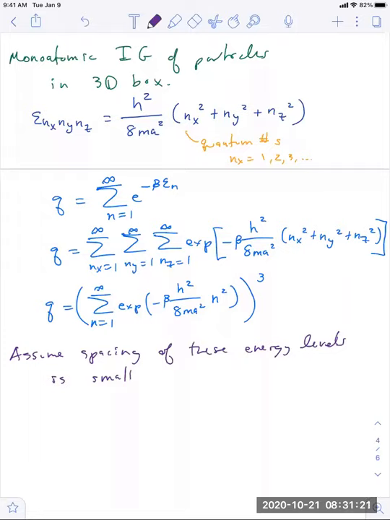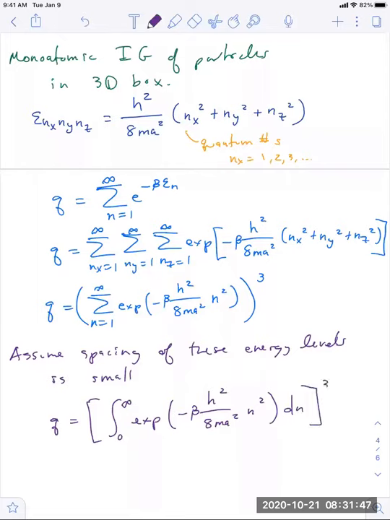And so that suggests that we have a more or less continuous distribution of energies, and we can rewrite this sum as an integral. So now Q equals the integral of this same expression, the exponential of minus beta times the energy, and then all of that cubed.